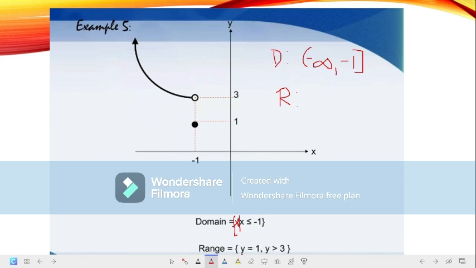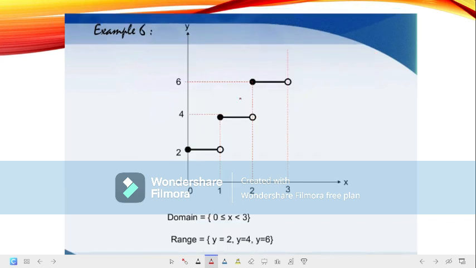You write first y is equal to 1, that's separate, and then the set of all y such that y is greater than 3. So this will remain blank because we cannot express this one in interval notation. Let us proceed.